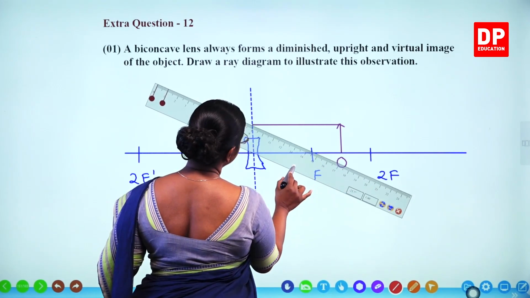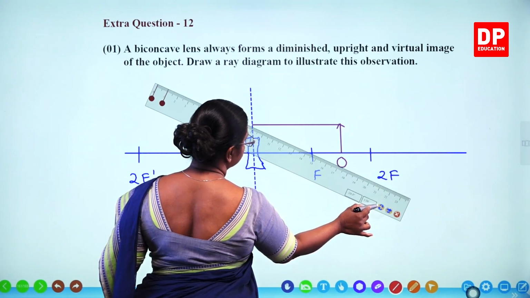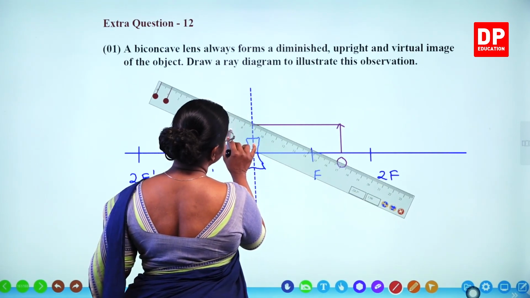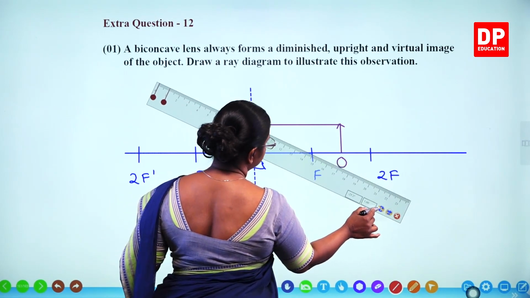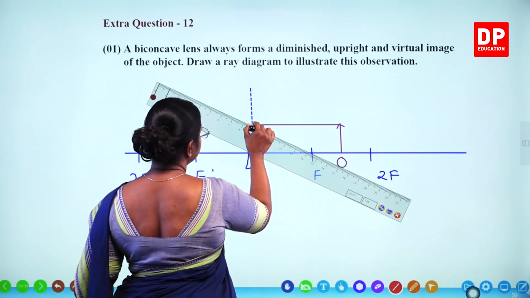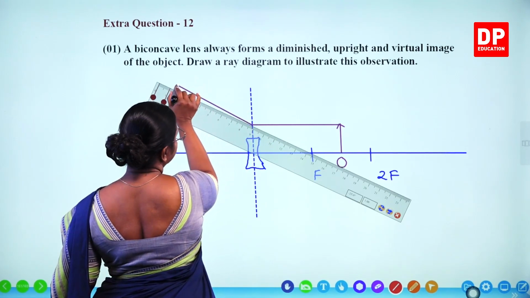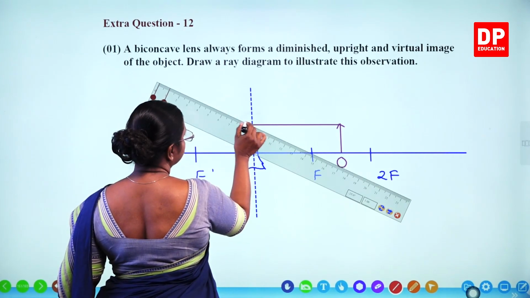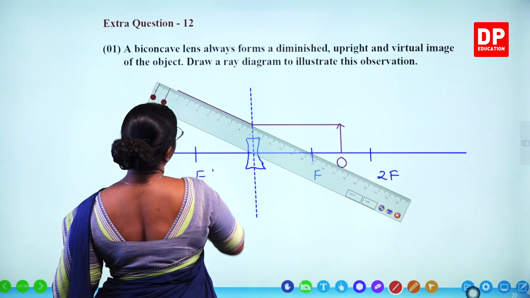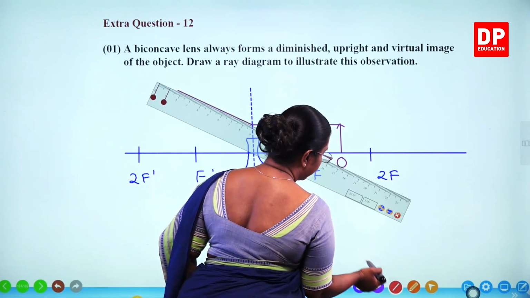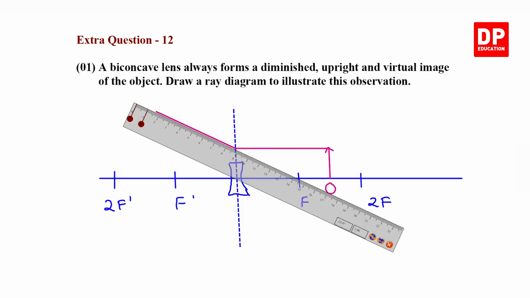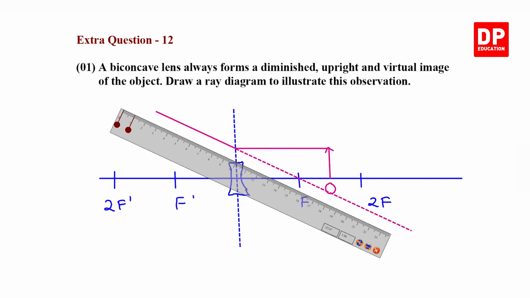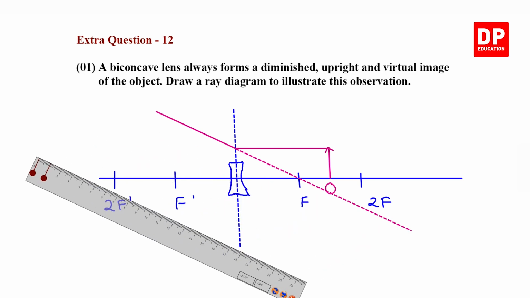It has to refract in such a way that it will look as if it's going through the focal point. So here it's going to refract away like that. But when you extrapolate, it has to go through F. Then what happens?